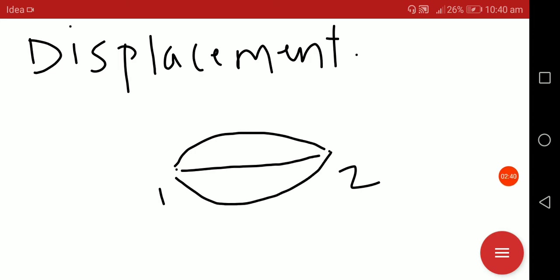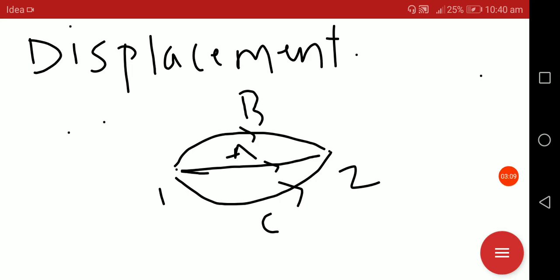Suppose this is the path which I am calling A, this is B, and lastly this is C. So when I travel from point 1 to 2, I have 3 paths, that is path A, path B, and path C. Out of which the shortest path is called the displacement.